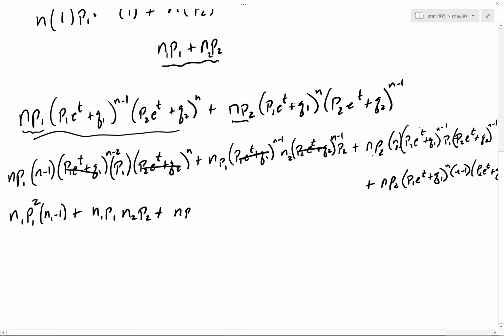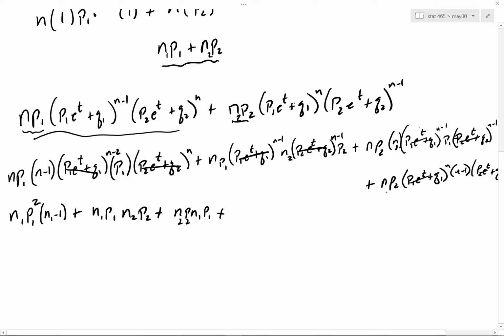No fiddle farts. Yeah, this should have been n2 right there. So this should have been n2, and then we get another n1 and a p1, and this is a p2. That's cool. And then plus, and then the last piece, because these of course are all ones.